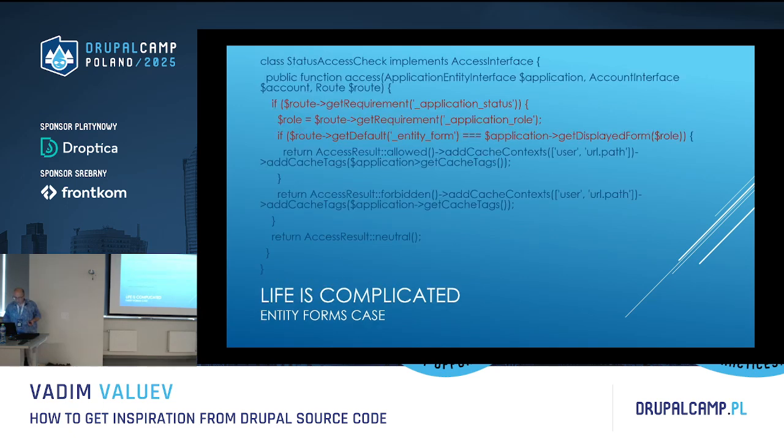Okay, so one more example from this series. Again, the route is basically all this YAML configuration, a very simple thing. I'm not sure if it's an array or a parameter bag, which is the Symfony analog for an array.